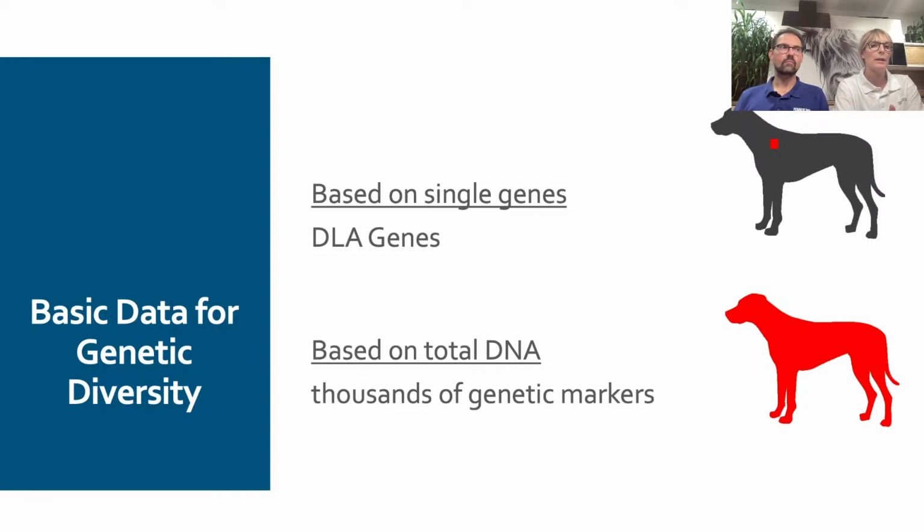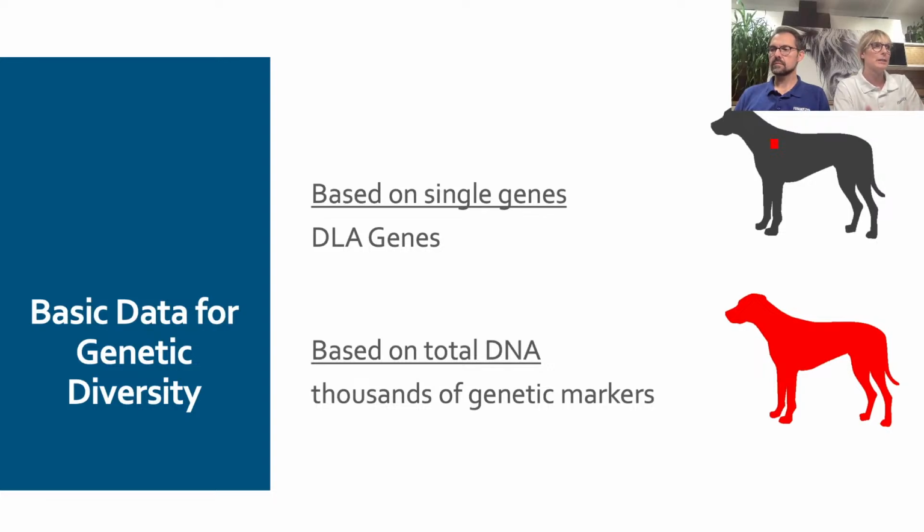When we are talking about genetic diversity, how can we define genetic diversity? Actually we use two different possibilities. On the one hand, so-called DLA genes. These are very important genes of the immune system.